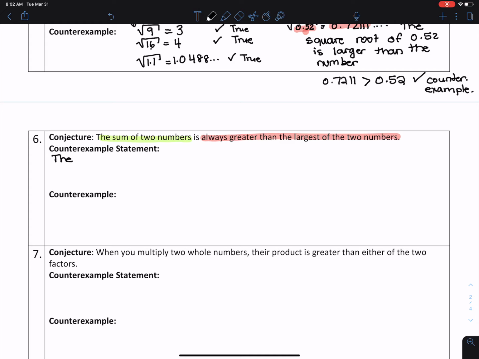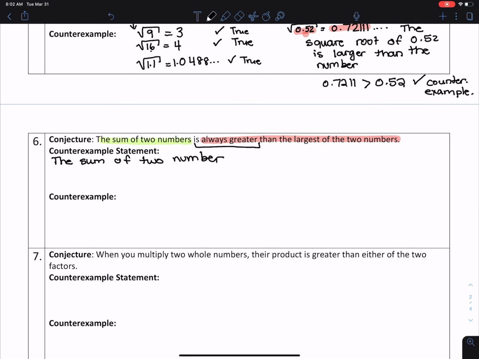We're going to leave the green part the same. The sum of two numbers. Now, instead of writing "is not always greater," I'm going to just automatically write this as is smaller, so not greater, than the largest of the two numbers.